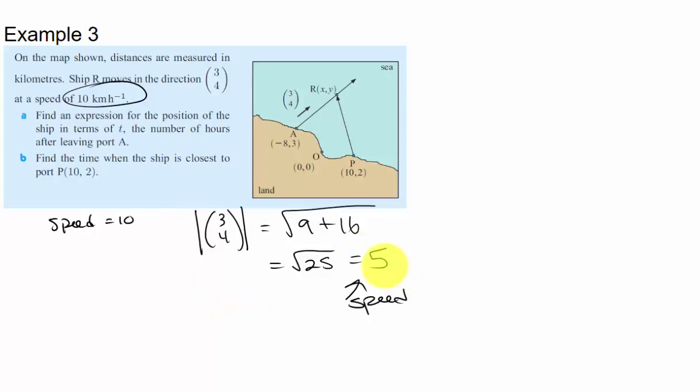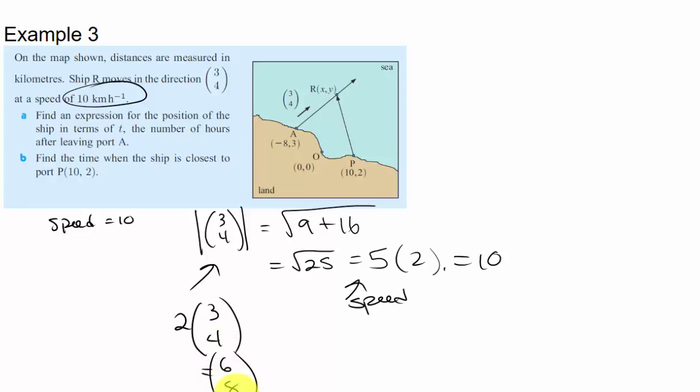So how do we get from 5 to 10? Well, we multiply it by 2. Now we have 10. So that means that we also need to multiply our direction vector by 2. So they're kind of given a little bit more work to find that direction vector, which is equal to b. Now we can get started.